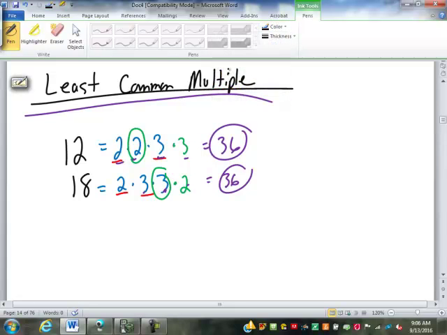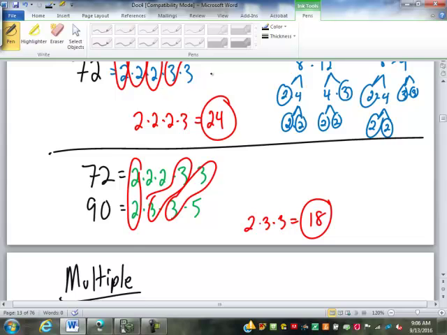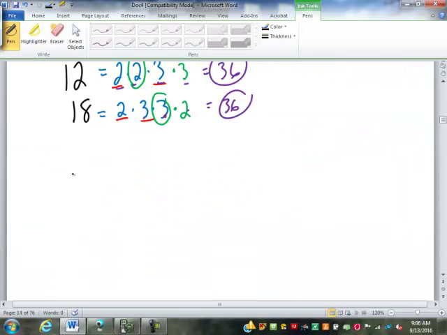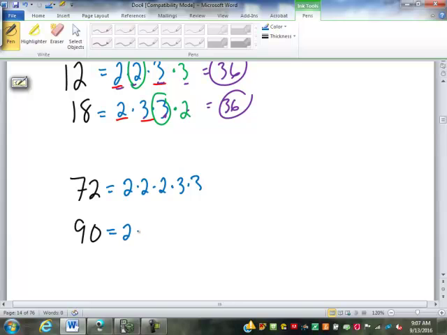So let's look at something a little bit more complex, like, oh, I don't know, 72 and 90. Factoring 72 is still 2 times 2 times 2 times 3 times 3. 90 is still 2 times 3 times 3 times 5. You tell me where to start here for least common multiple.